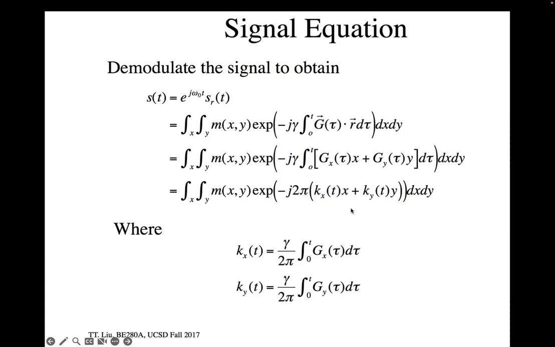And now it kind of makes a ton of sense what's going on, in the sense that as a function of t, right, for the integration from 0 to some function of t, you are essentially changing the kx value as that function of t, and you're changing the ky value as that function of t.